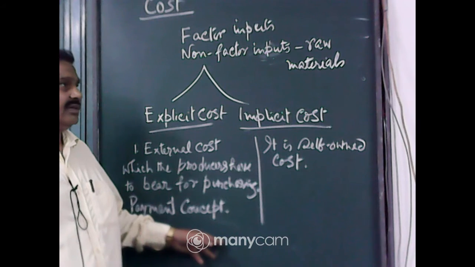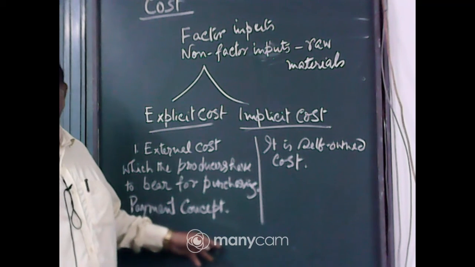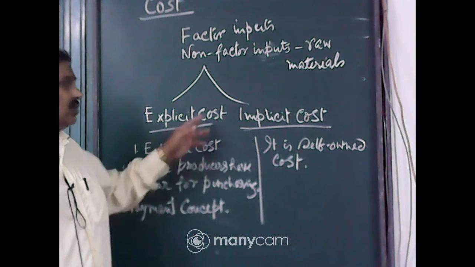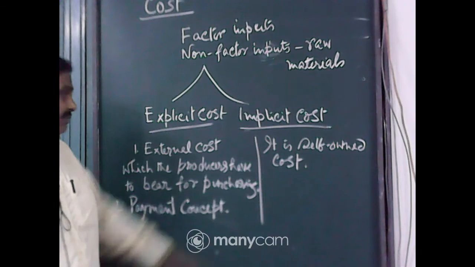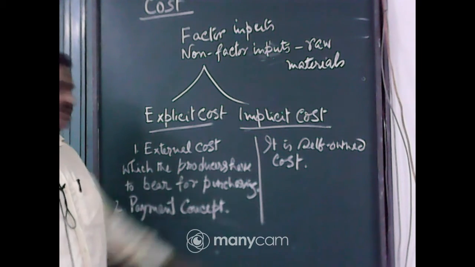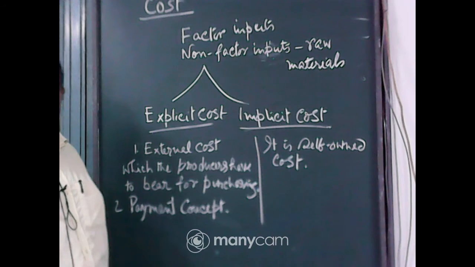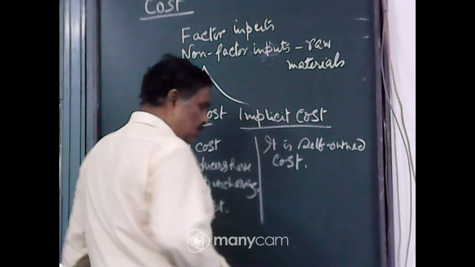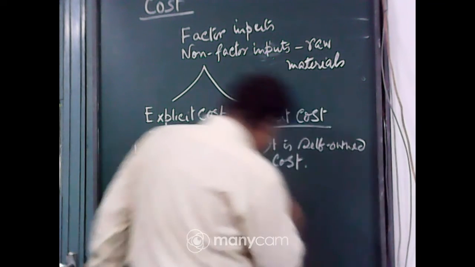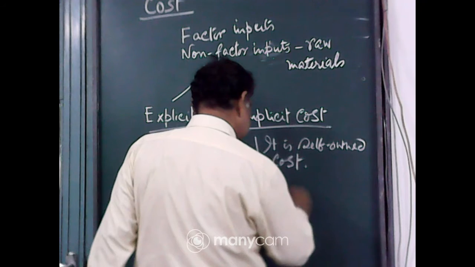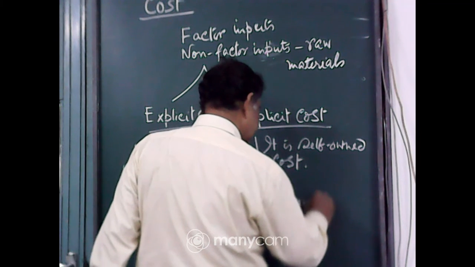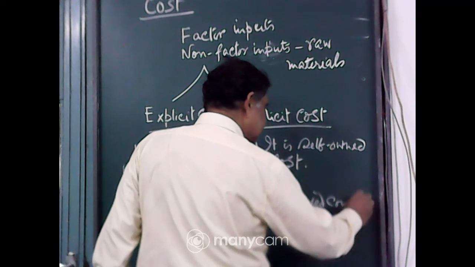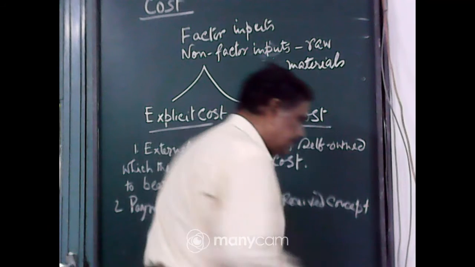Wage has to be given. These factors are given because they are borrowing these factors in order to continue the production. But implicit cost is not a payment concept. The producer himself is producing the commodity. So this is receipt concept.